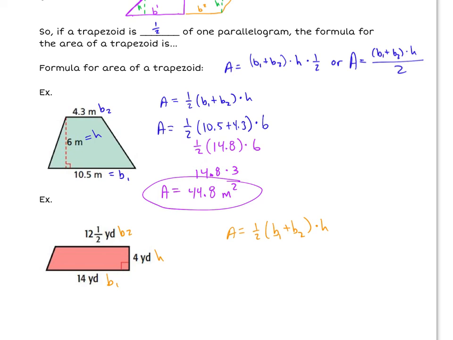So filling in our information, area equals 1/2 times 14 plus 12.5, we'll say, for a half, times 4. Work the problem out, you get 1/2 times 26.5 times 4.